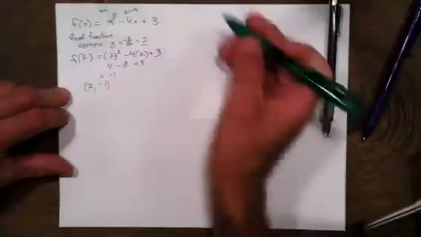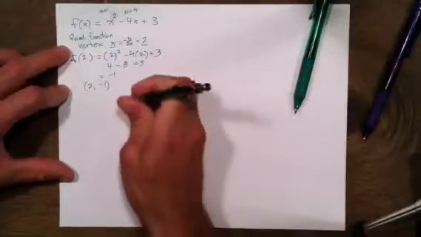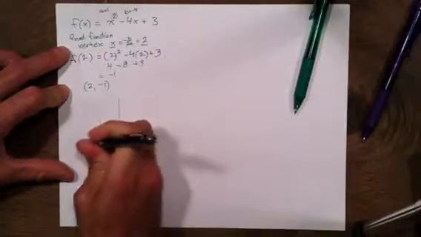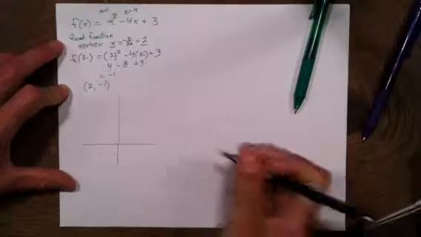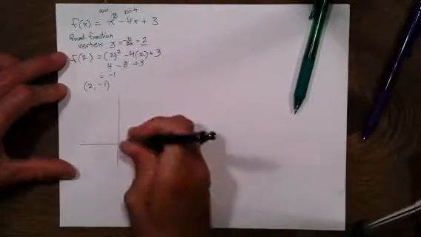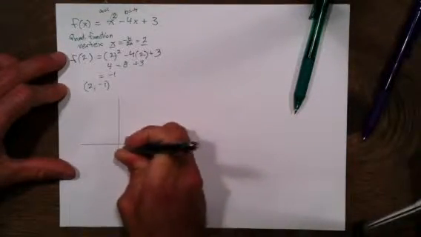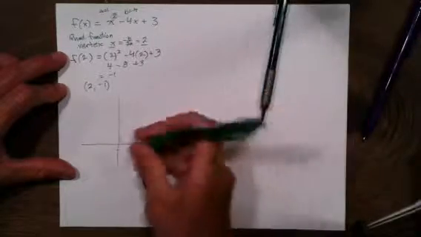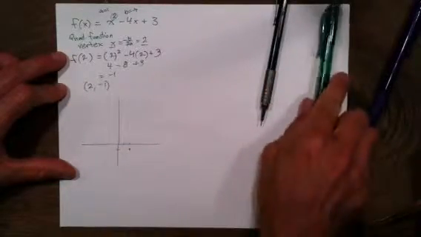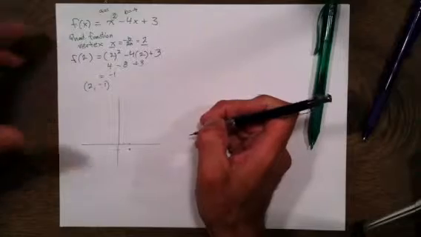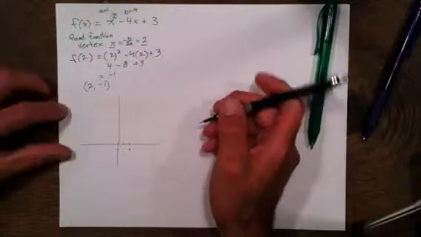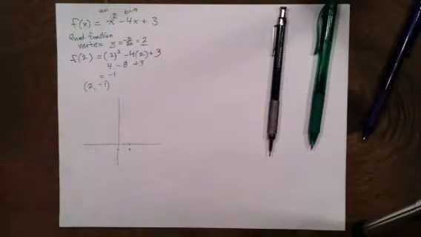So we're just going to make a rough sketch of this graph here. I wish I had graph paper, but I forgot to get some out. So let's see, we know we have a minimum at (2, negative 1), right there. I could make a table of numbers to go along with this, and the calculator can help with that.